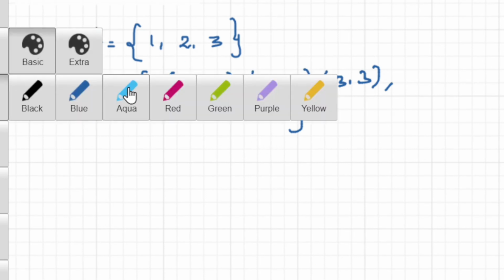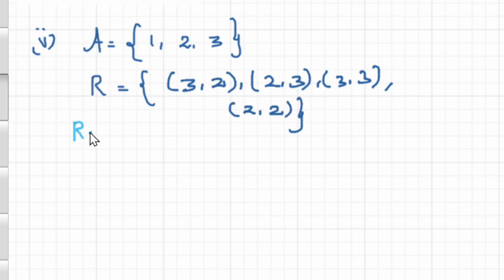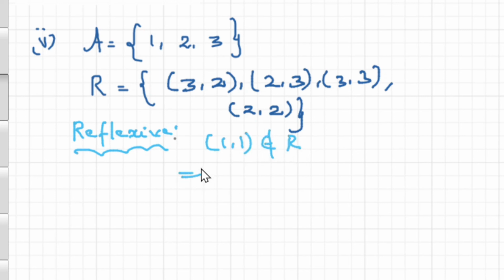In this set, reflexive is not true since 1 comma 1 does not belong to R. Therefore, it is not reflexive. We are considering this set and then we'll have symmetric.